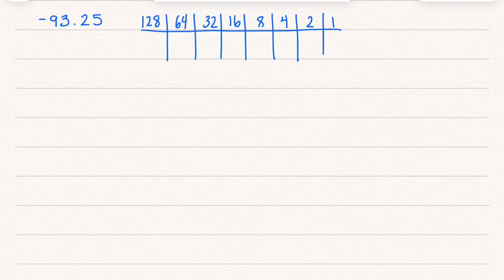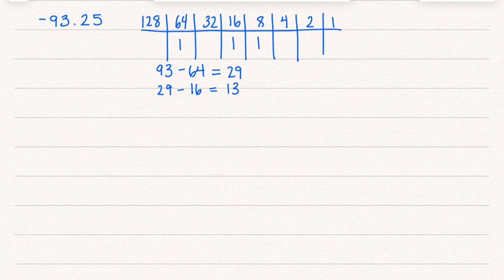So looking at this chart, the highest that I can go without going over 93 is 64. And if I use the 64's place, then that means I will have 29 left to use. So the highest I can use is the 16, which gives me 13 left over.